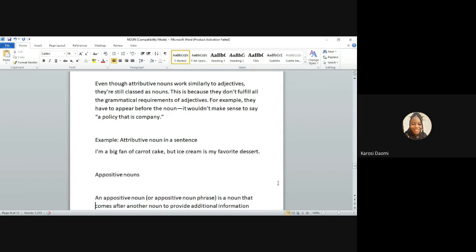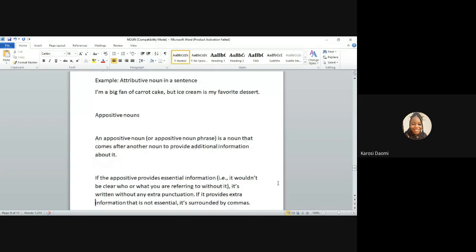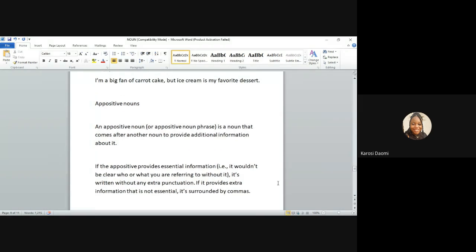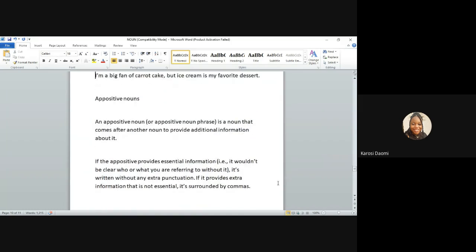So moving on to the next one, we have appositive nouns. Now, an appositive noun or appositive noun phrase is a noun that comes after another noun to provide additional information about it.